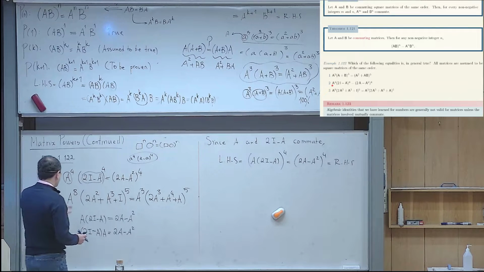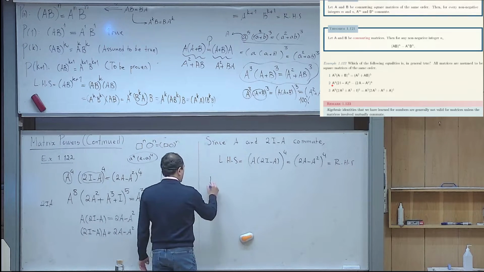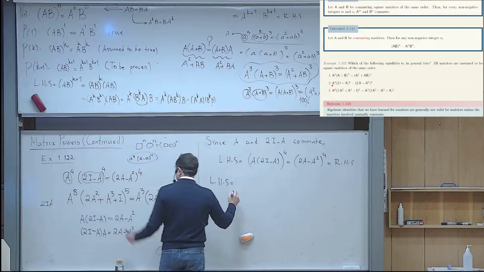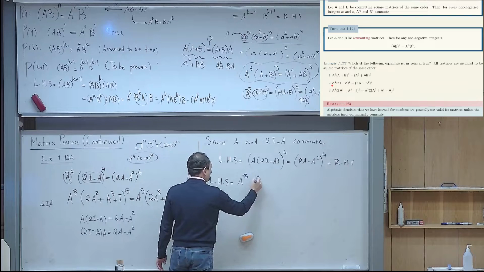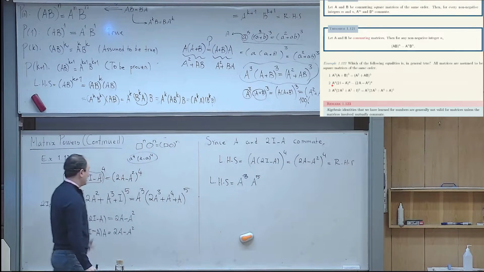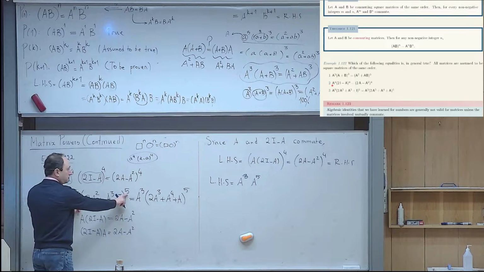Exactly. So what you do first, let me just start from the left hand side here for this one. I will split it, as you said, a to the power of 3 times a to the power of 5 instead of a to the power 8. The motivation is that I have a power of 5 here.